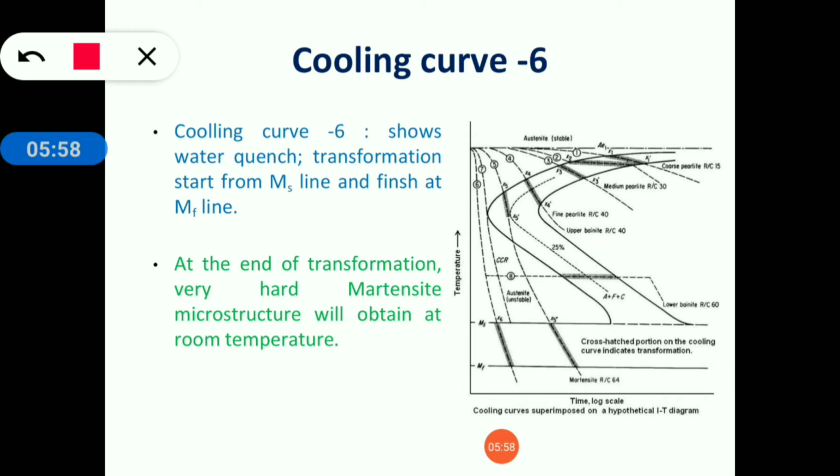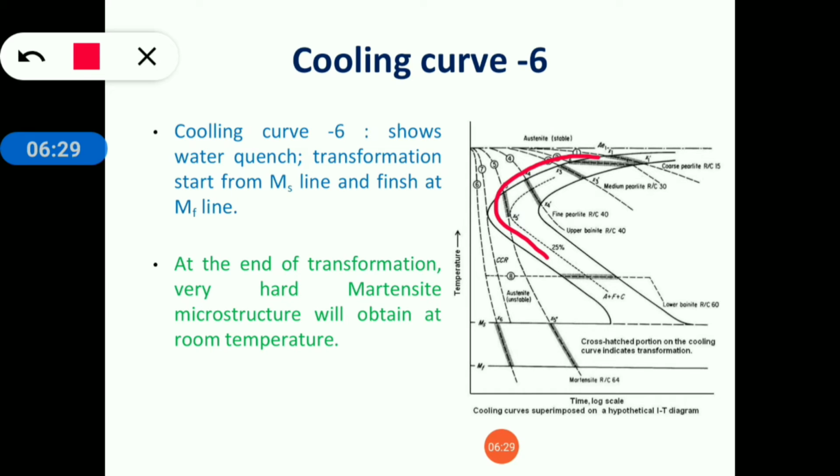Now cooling curve number 6. Sorry, this is cooling curve number 6. It shows the water quench, and the transformation starts at the Ms line. In this curve, your cooling curve does not touch the nose of the C curve, that's why the transformation will not start at this point.